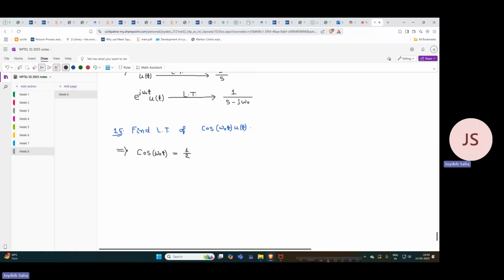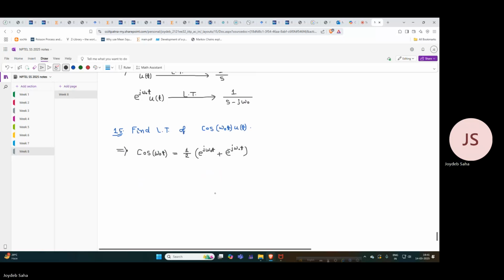Half of e to the power j omega 0 t plus e to the power minus j omega 0 t. We can break it, right?